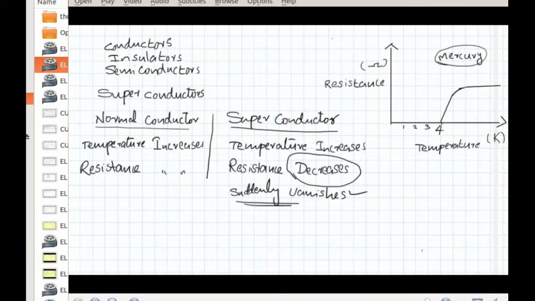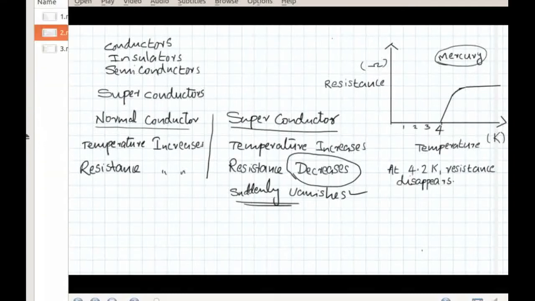The actual temperature for this to happen is 4.2 Kelvin, and the temperature at which this happens is called critical temperature. Thus, for mercury at 4.2 Kelvin, the resistance suddenly disappears.